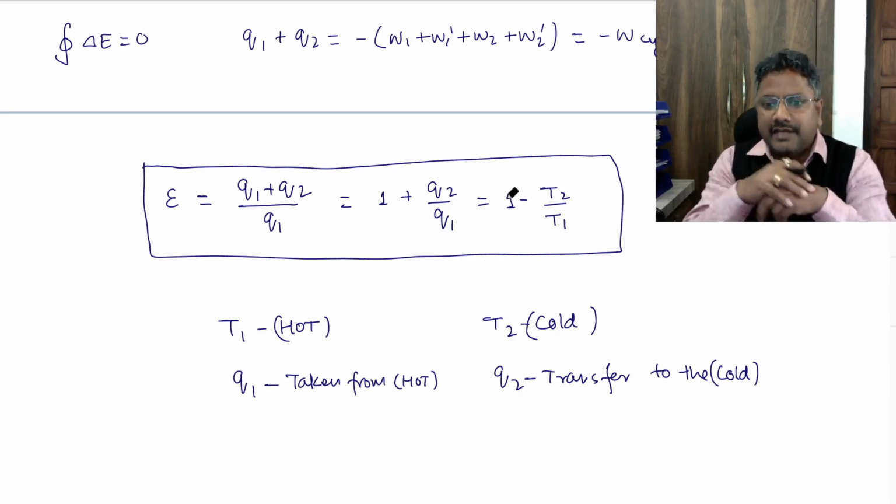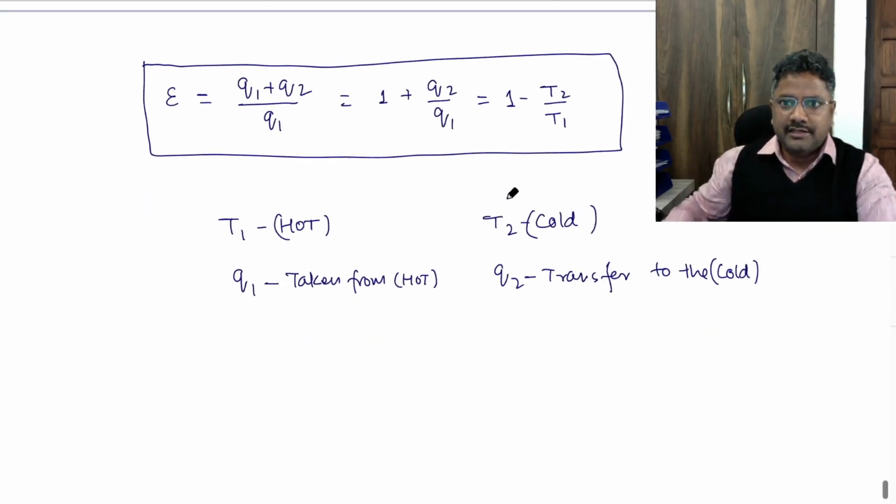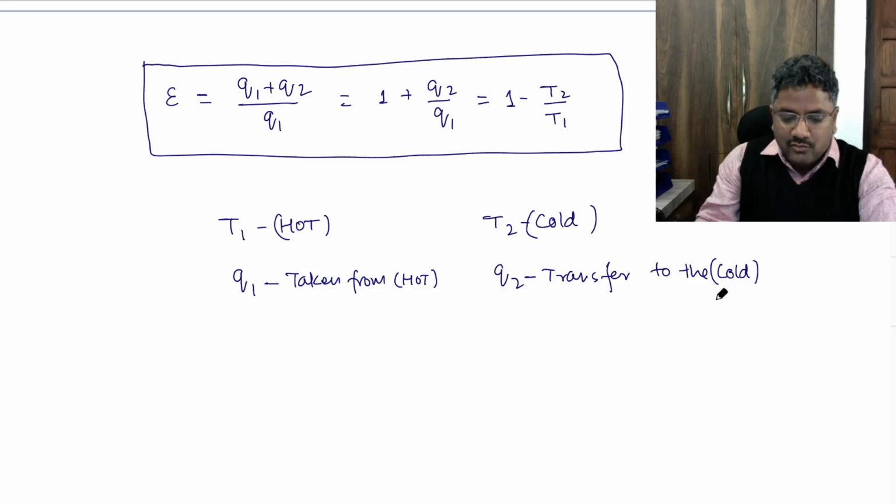So in this way you can numerically find out the efficiency of a heat engine, right? And you see here Q2 is transferred to the cold reservoir, so Q2 is less than 0, as we know.